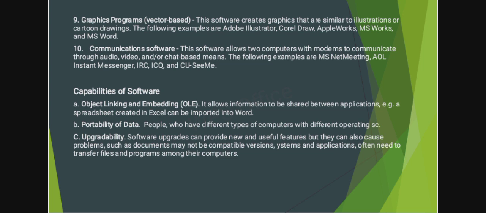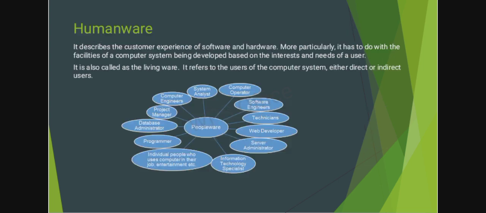People who have different types of computers with different operating systems. Letter C, upgradability. Software upgrades can provide new and useful features, but they can also cause problems, such as documents may not be compatible versions. Systems and applications often need to transfer files and programs among their computers.